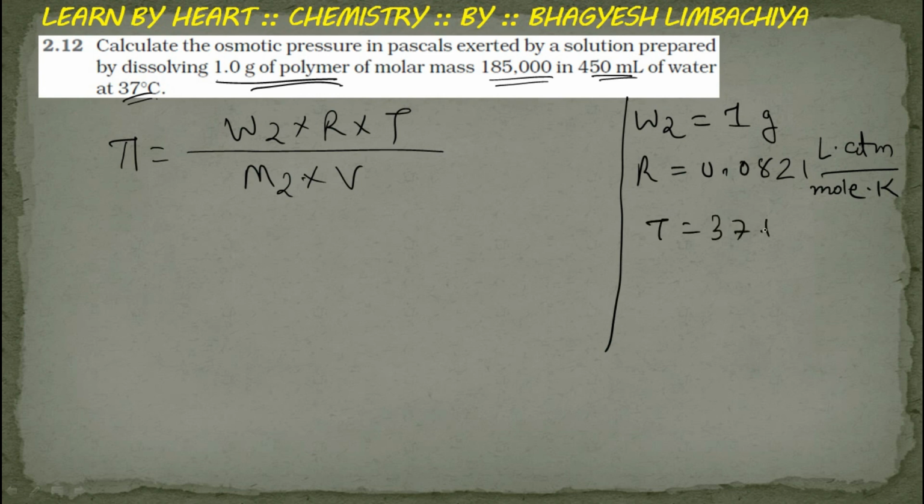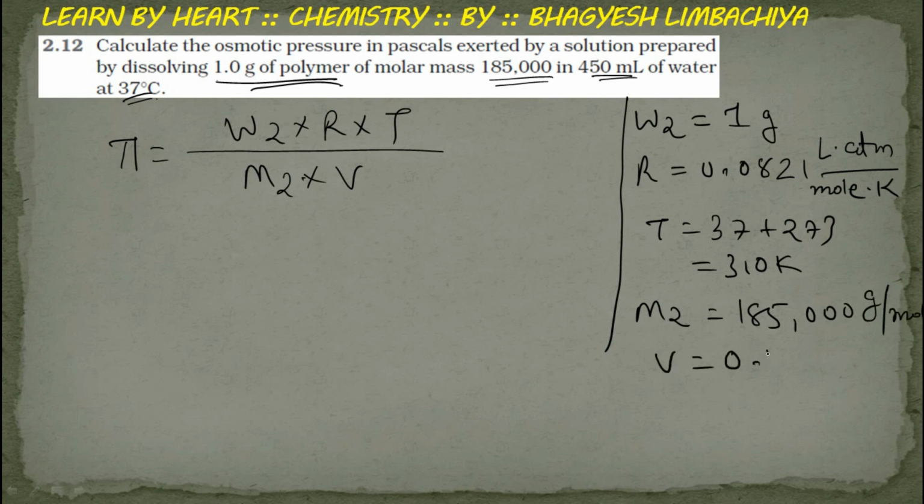T, temperature, 37 plus 273. So it is 310 Kelvin. M2, the molar mass, is given as 185,000 gram per mole, and V, the volume, is 0.45 liter.